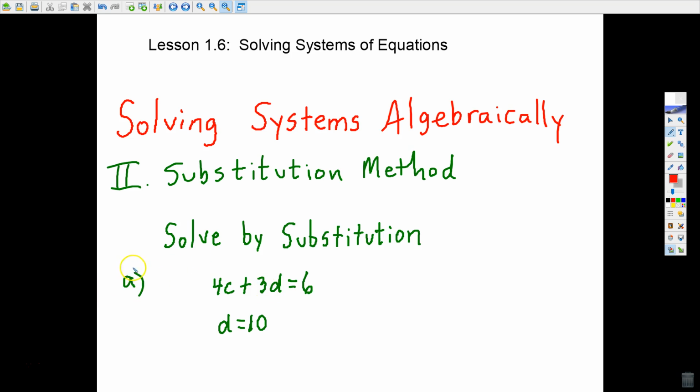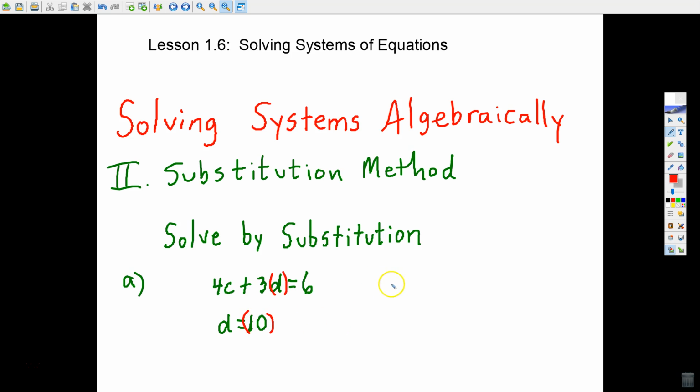Well, this first example is really simple. And it's really nice for using the substitution method because one of the variables is already given to us. It's already solved for. They tell us one of the equations is that D is 10. Well, substitution says if D is 10, then you can replace the D in the other equation with 10. And you can solve for C.